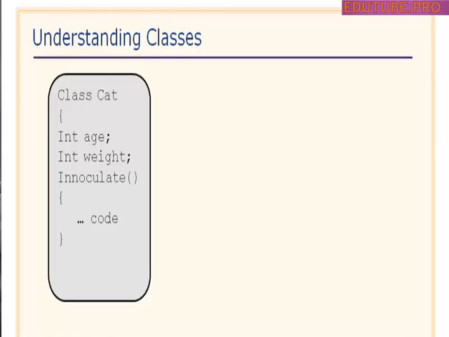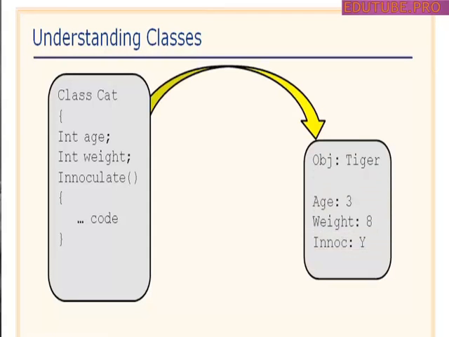Don't worry about it, but for those of you nerds who really pick up on stuff, I just wanted to mention that. All right, now using this class cat that I have out there, I can instantiate an object, or I can create an object off of that, and I will create an object called Tiger, and then I can set some of the values. Now notice the age that I created in cat now becomes a variable in my object, and Tiger's 3 years old.